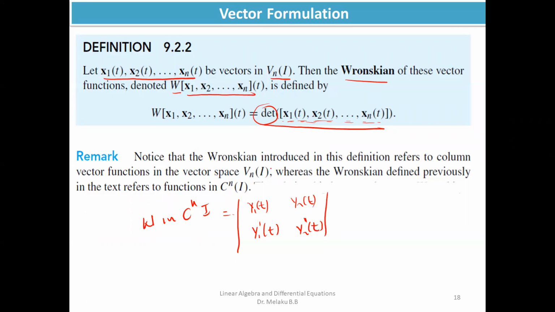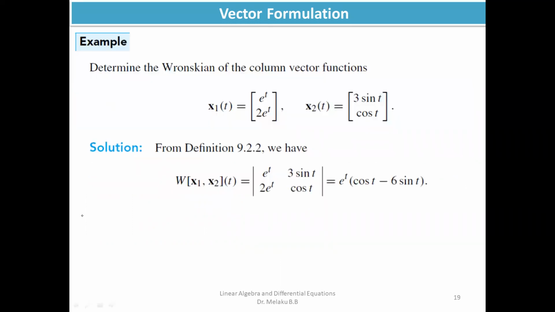Now we are not supposed to derive it like this, but simply we are going to find the determinant of the matrix which is formed by the columns in the vector space V_n(I). You can see it here.